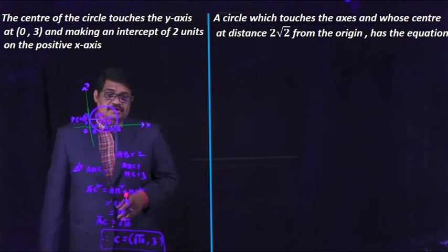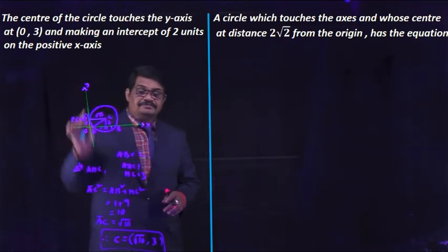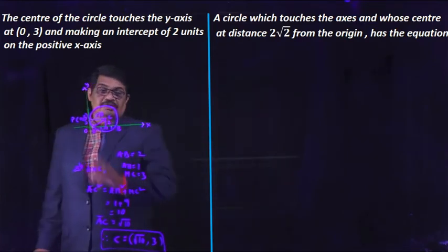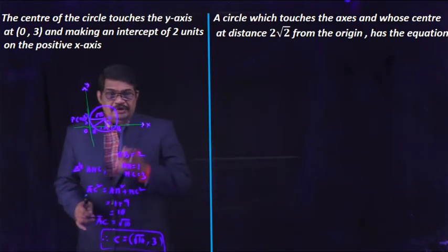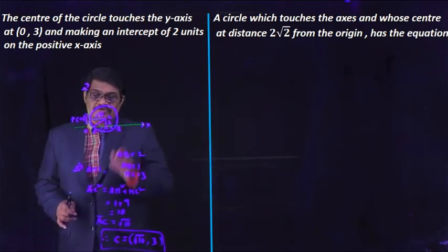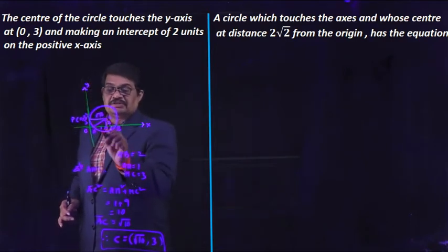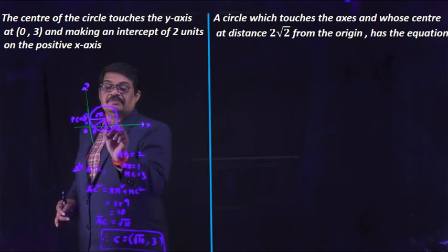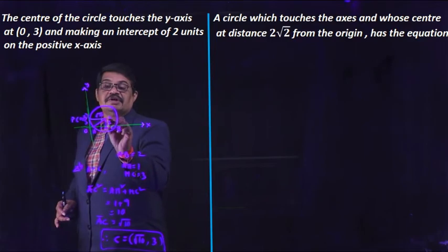That is the answer. Here we are required to find the center of the circle that touches the y-axis at (0, 3) and makes an intercept of 2 units on the positive x-axis. The length of the intercept AB is 2 units, CM is the perpendicular bisector, so AM is 1 unit, and OP is 3 units, so MC is also 3 units.